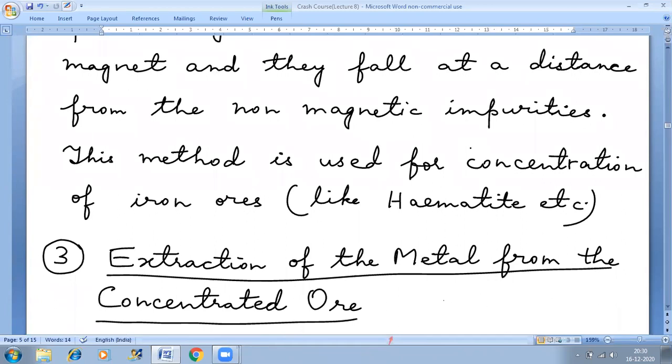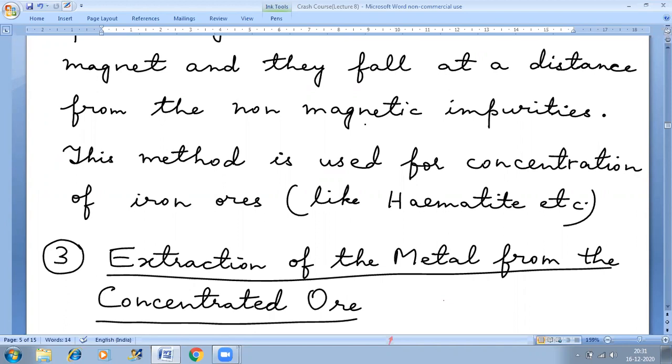The next step is the third step. So in metallurgy, as I said, there are four major steps. The first step was what? The first step was crushing and grinding of the rocks. Crushing and grinding was the first step under metallurgy.